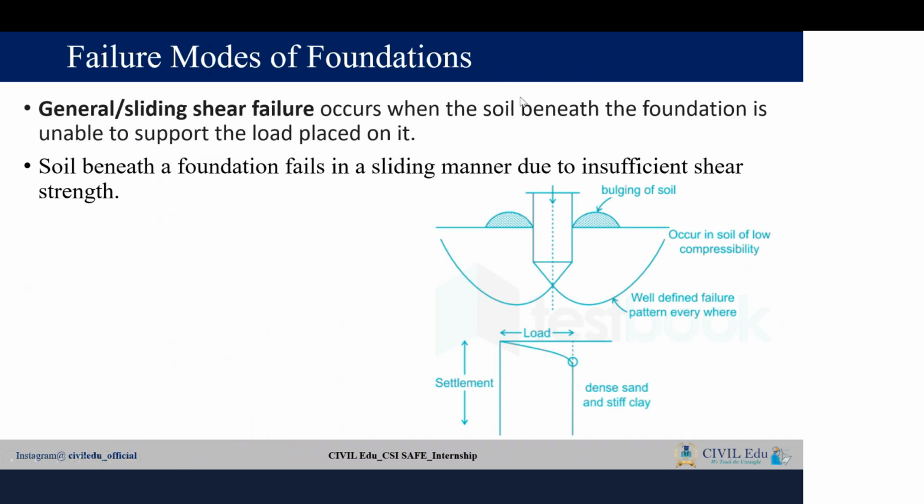You can see there is a column. From the column, there is a load coming down, and this is the foundation. You can consider this horizontal line as the foundation. In general shear failure, or sliding shear failure, when there is a huge amount of load coming from the superstructure, if the soil is not able to bear this column, then the column will get settled or slide into the soil surface. You can see the column has slid into the soil surface.